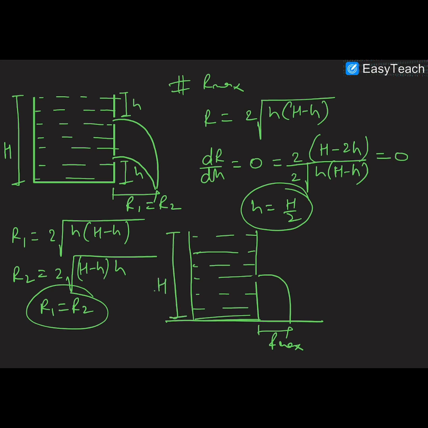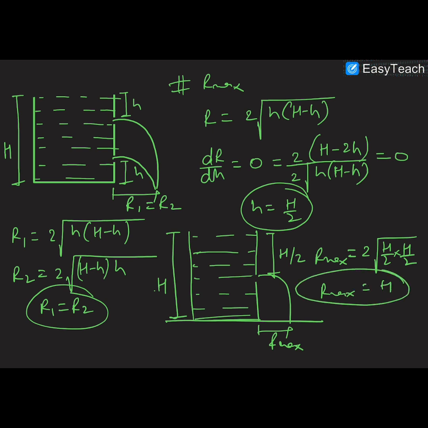So in this case, if the container is kept on the ground itself and the top surface of the liquid is at a height of H from the ground, then for the maximum range this depth should be H by 2, and the value of R max in this case will be 2 under root of H by 2 into H by 2. So R max will be equal to H in this case.